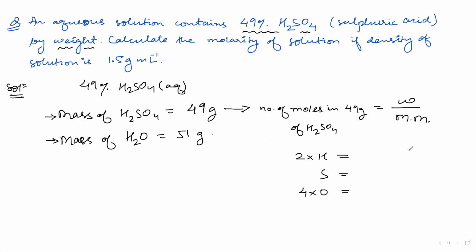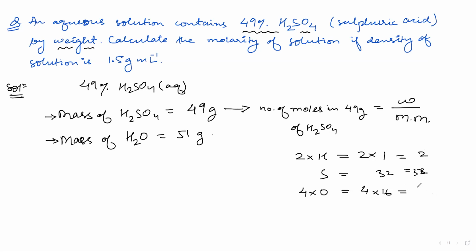For hydrogen it is 2 into 1, correct? What is the molar mass for sulfur? 32. Correct.